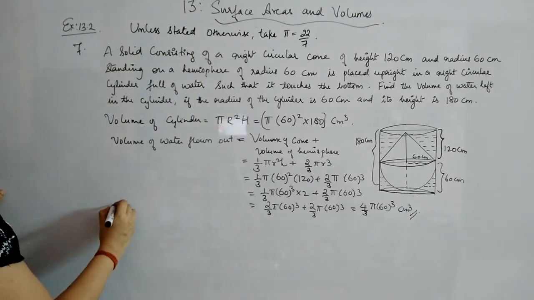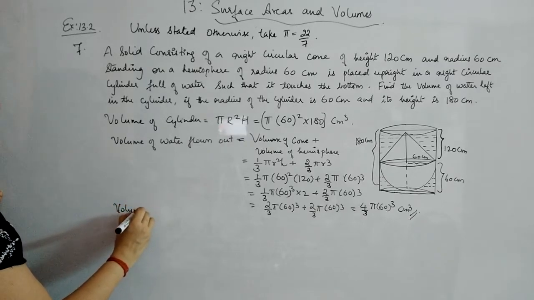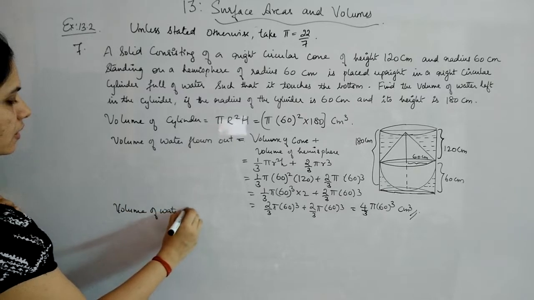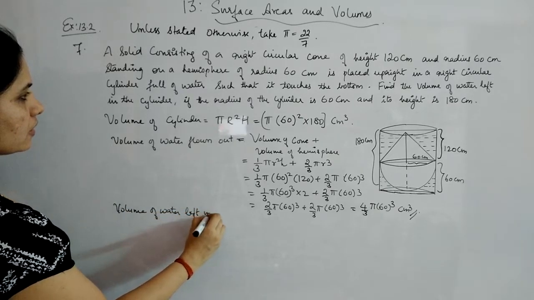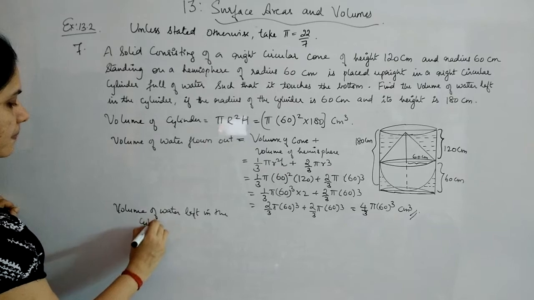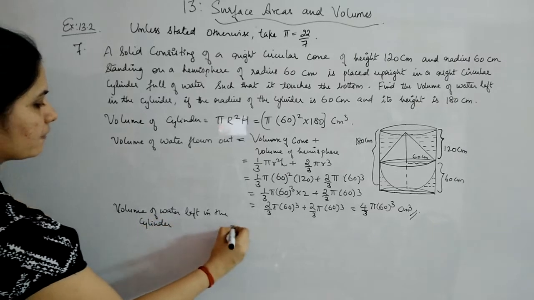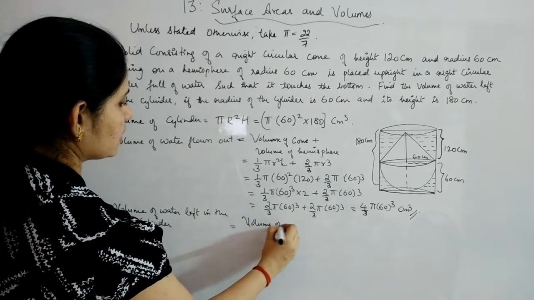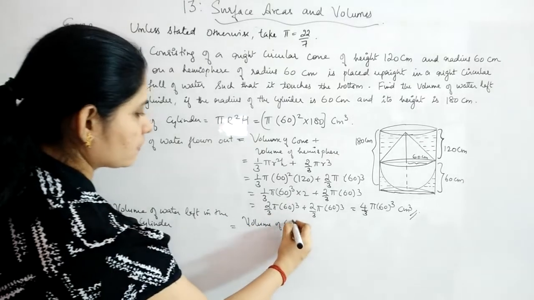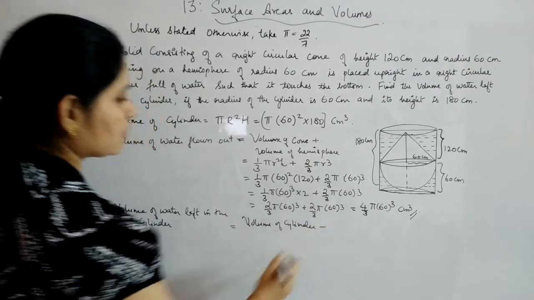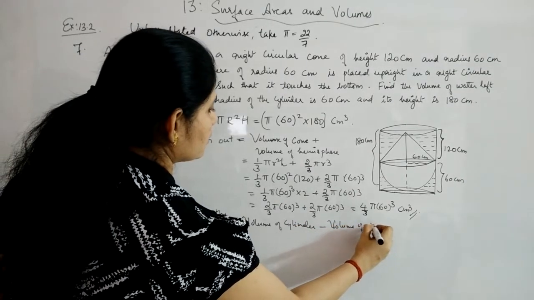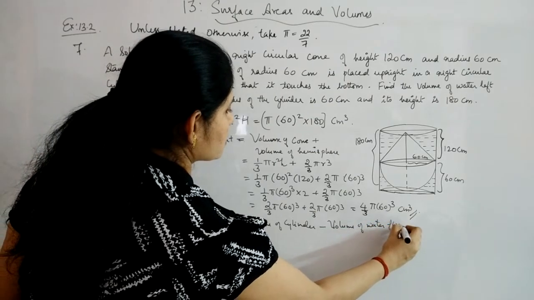Now, what will be the volume of water left in the cylinder? Volume of water left in the cylinder will be equal to the volume of the cylinder, that is the volume of water which was in the cylinder, minus the volume of the water flown out.